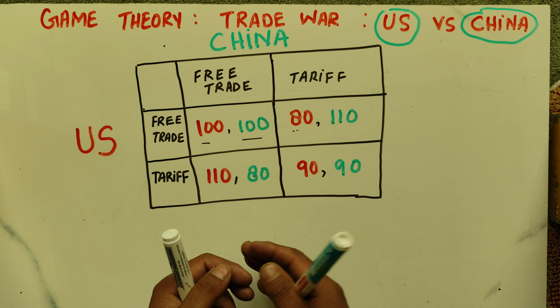Let me explain it again. If US keeps free trade and China imposes tariff, then China gains an advantage by protecting its domestic industries. Therefore, its payoff increases to 110. But what happens to US? US suffers from reduced exports.